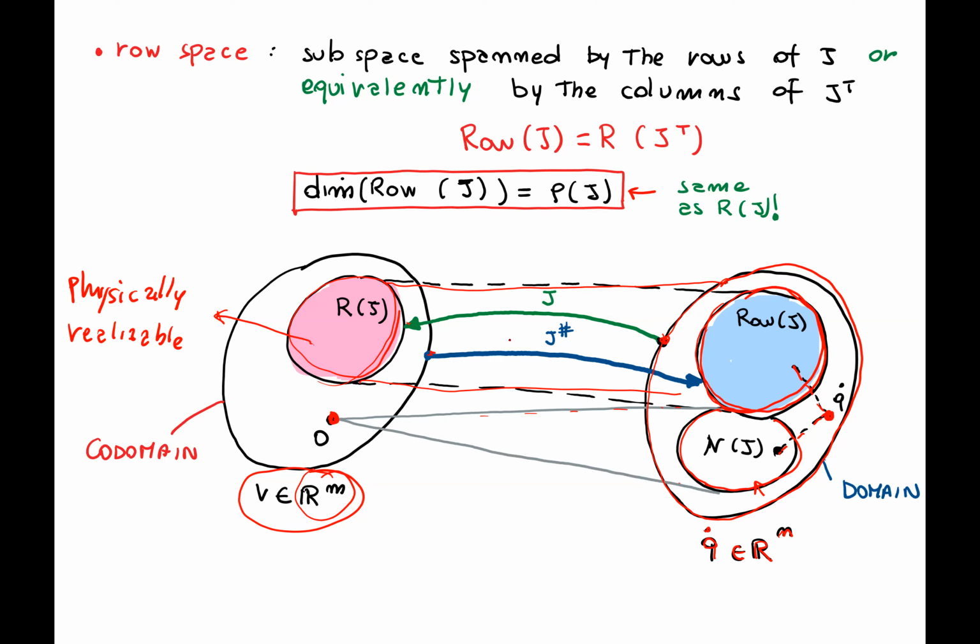The inverse mapping is the pseudo inverse of the Jacobian, because the inverse, as we will see, doesn't exist in case it's a rectangular matrix. So we compute the pseudo inverse, which always exists. The pseudo inverse maps from the codomain, so from the task space, to the row space. So it does exactly the opposite of what the J matrix does.